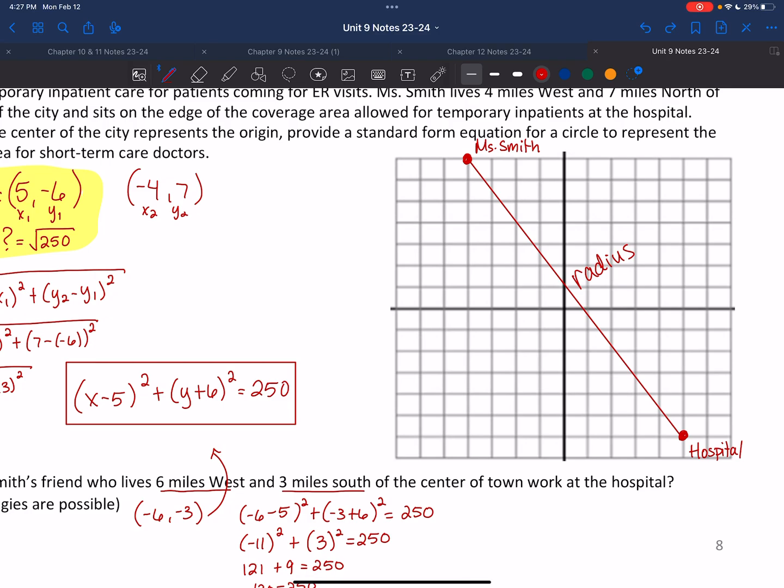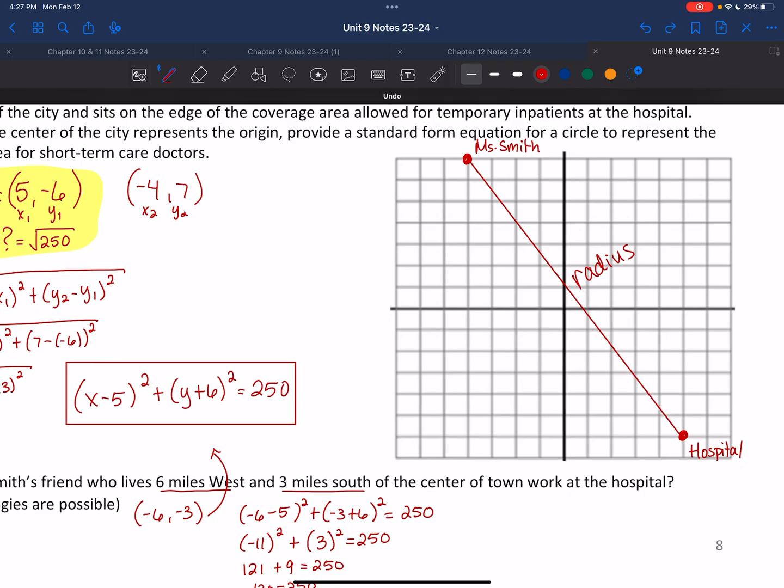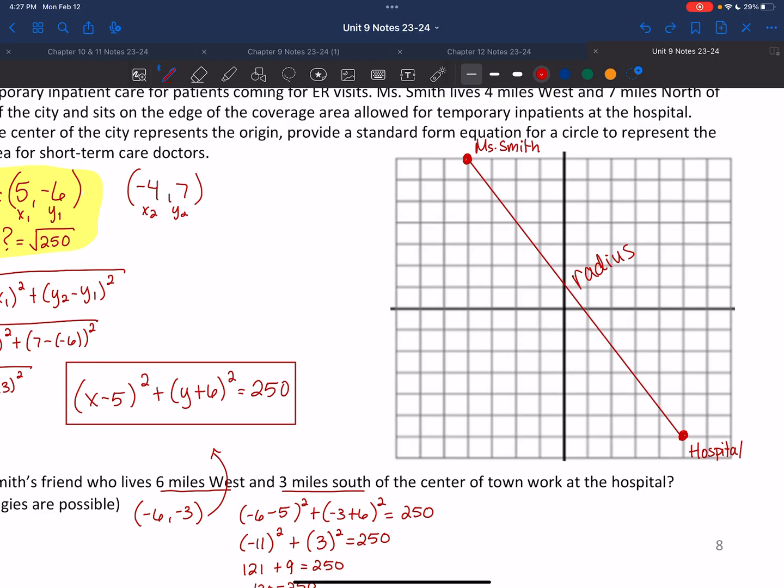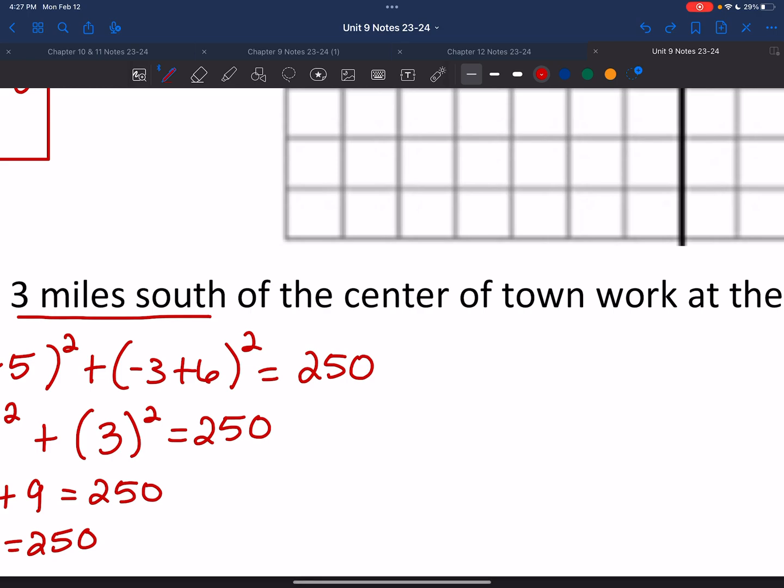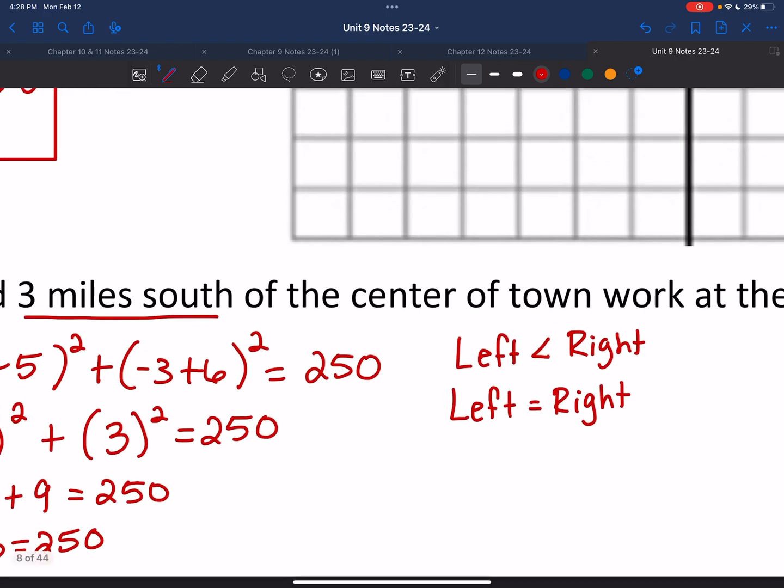It's sitting closer inside this circle than, say, Miss Smith, who sits on the edge of the circle. There are three different ways this could work out. You could have the left side of your equation be less than the right side, like we have right here. You can have the left side be equal to the right side. In that instance, it would be 250 equals 250.